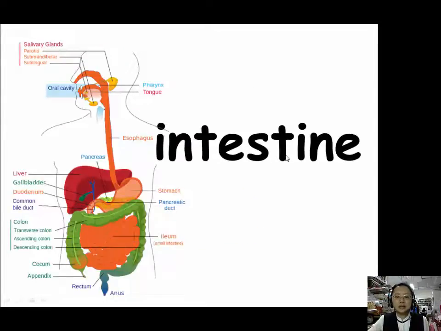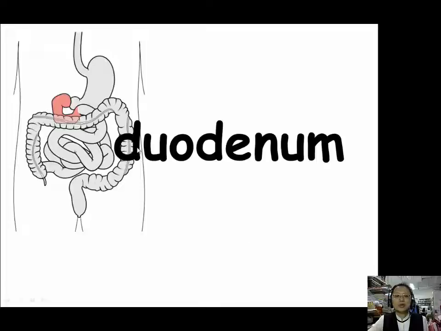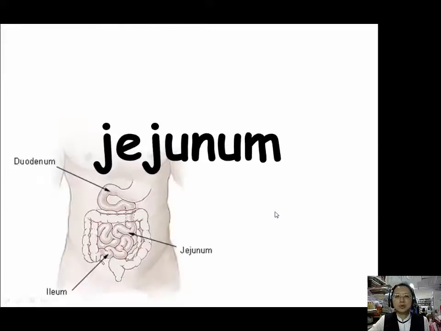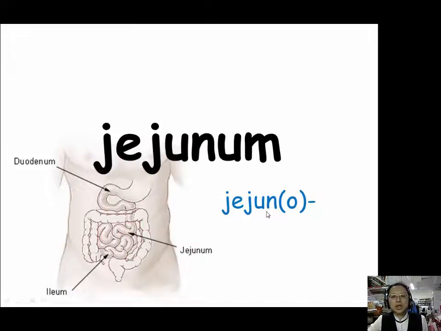For intestines, we have one prefix, entero, E-N-T-E-R-O. For duodenum, we have one prefix, duodeno, D-U-O-D-E-N-O. For jejunum, we have one prefix, jejuno, J-E-J-U-N-O.